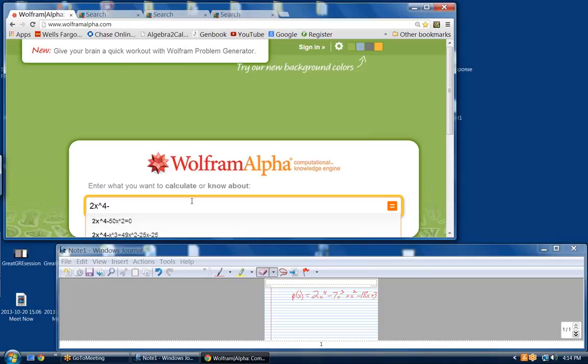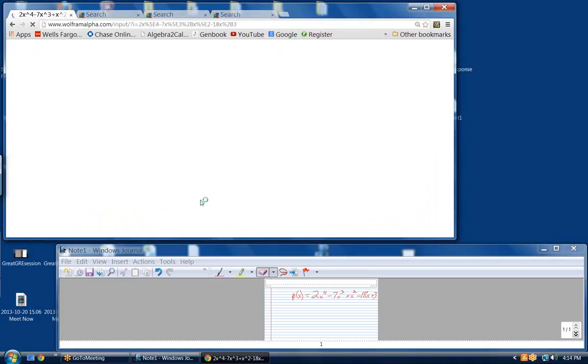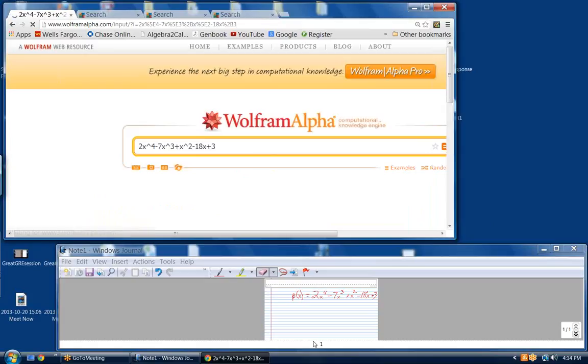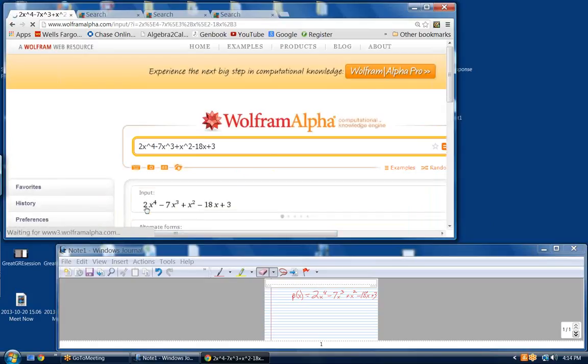Are you familiar with Wolfram Alpha? It's a great little online calculator. It's better than your TI, and I'll show you why, because it'll tell us the zeros without doing a trace or any of that other garbage. Not only that, but it restates your function to make sure you typed it in right. Right there.